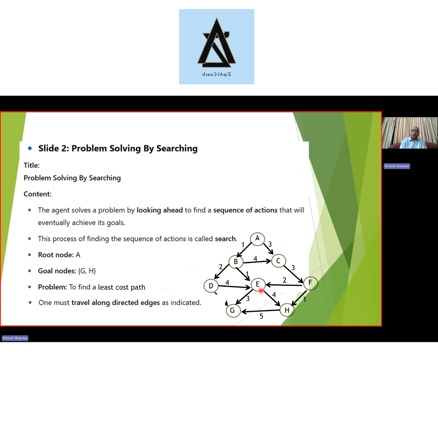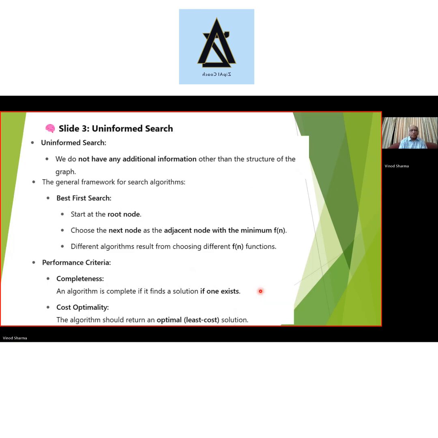It will evaluate f(G) and f(H), and go to the node which has minimal f(n) value among the possible nodes it can go to. Now, what is this f(n)? Depending on the different possible f(n) we choose, we will get different algorithms for search.